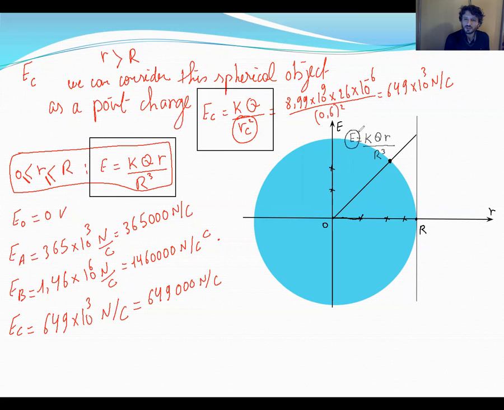The relation between E and R is linear. This is in the case where small r is less than or equal to capital R and greater than 0.